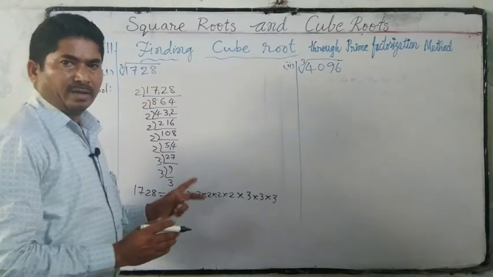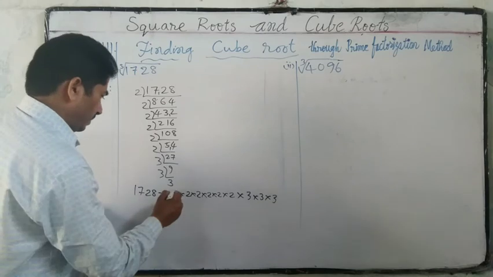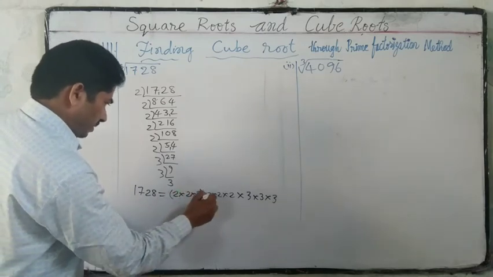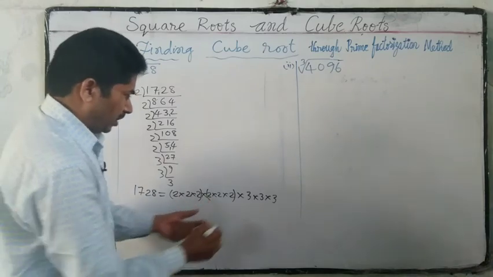Now we have to make groups of 3, three equal groups.